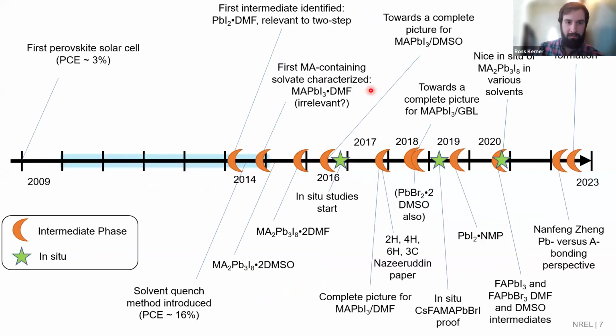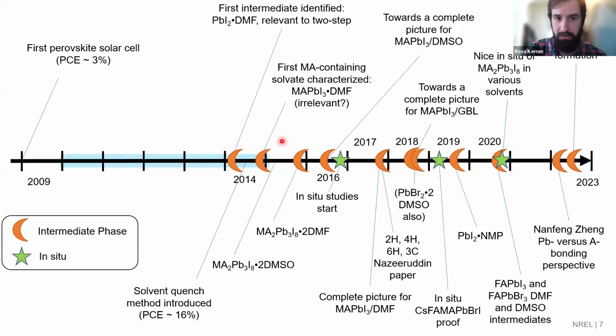And on the next slide, I have a way more busy timeline because this is a result of my deep dive into the literature. So here's our two-step era. And then the solvent quench was introduced, but as I mentioned at the end, people started doing their two-step on the solvated film. So people actually started identifying the exact intermediate phases. And that's how I broke up this timeline into intermediate phase identification and then in situ studies.